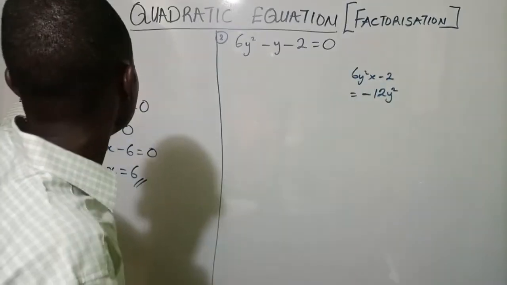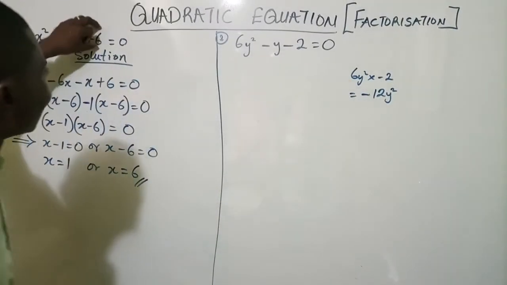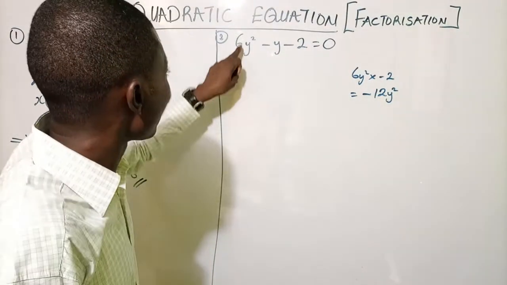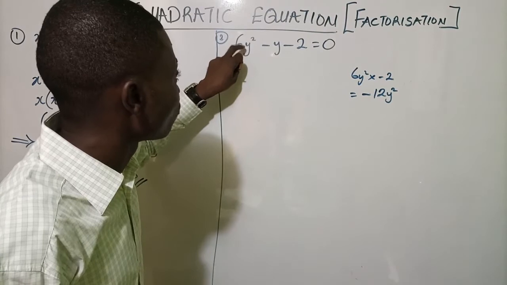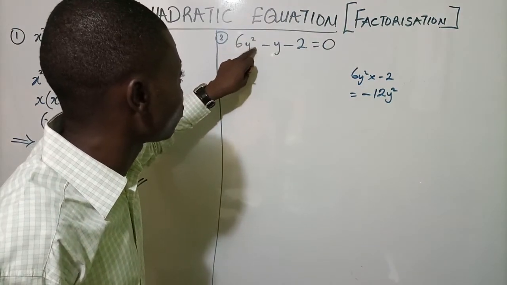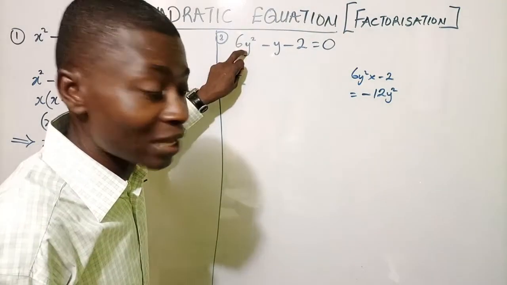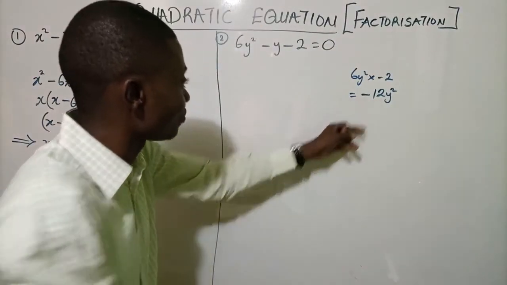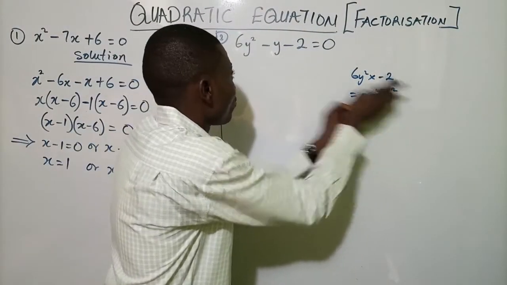Unlike the first one, where we focused on just what you have in the middle and the last one here, this time we have to first multiply the coefficient of this 6y squared, since it has 6 here, more than 1. We multiply this by this. That's what we have done here. So our attention will now be on minus 12y squared and minus y.